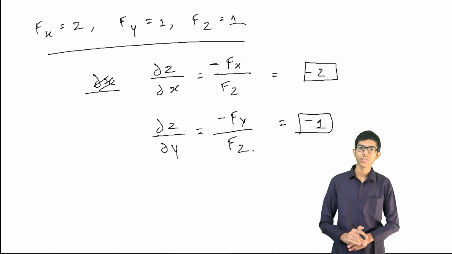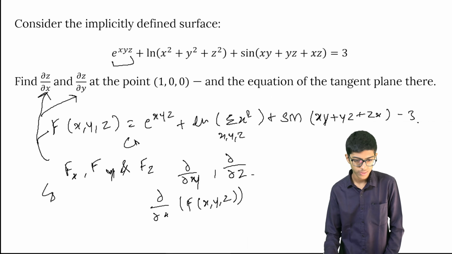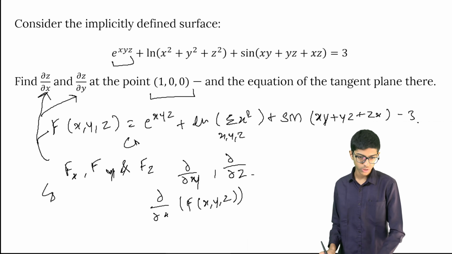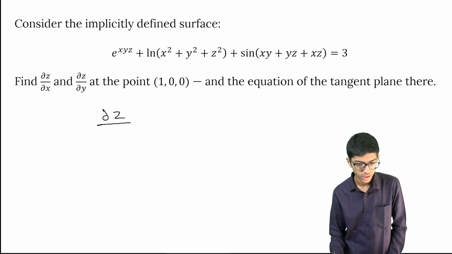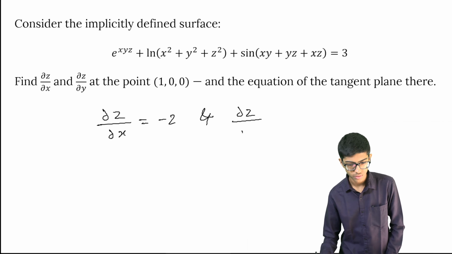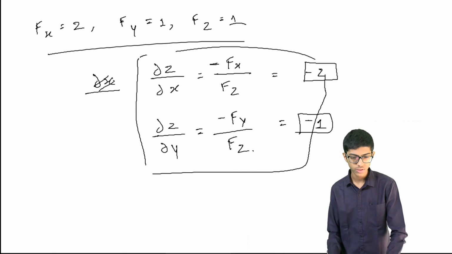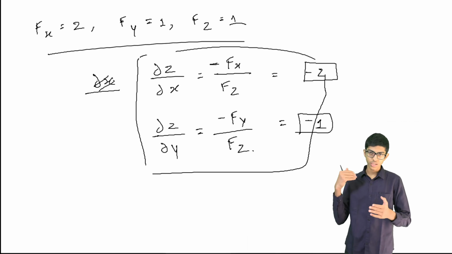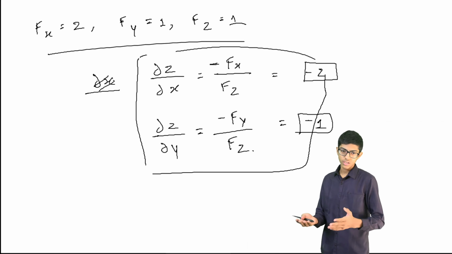Now in order to find the 3D plane that we are asked for at the point 1, 0, 0, till now we have these two values, which give us the change that is caused in z by x and y respectively when we hold the other one as invariant.